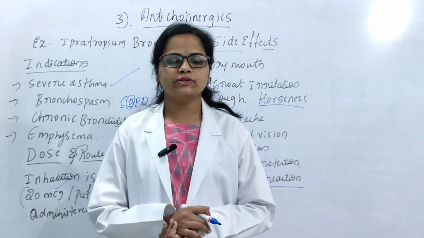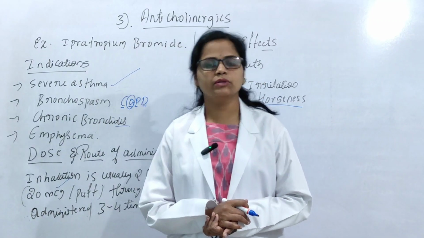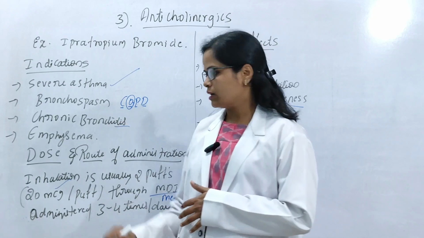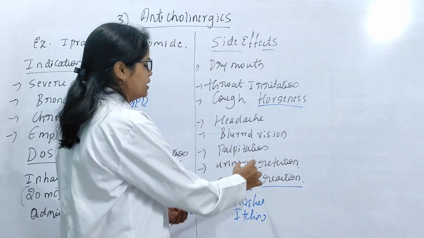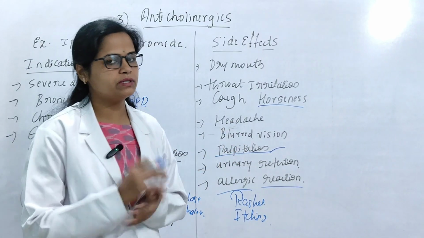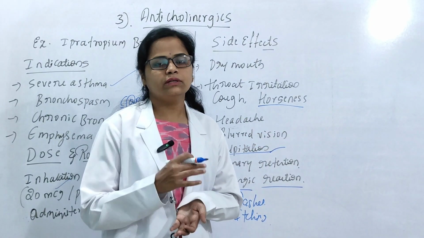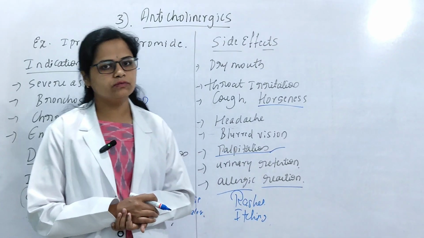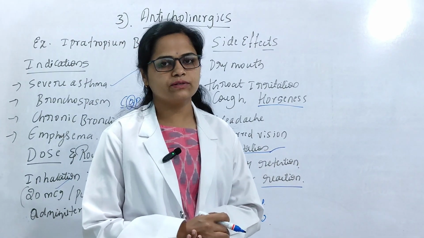Also before administration of the drugs, she should check the complete vital signs of the patient. If the patient is having tachycardia, she should not administer the ipratropium bromide, because again it may cause palpitations. Means already the patient is having it, after administration the patient may have the chances of palpitation. If the patient is having the increased pulse rate or the tachycardia, again the condition may be worsened. Okay, these are the common roles and responsibilities of the nurse.